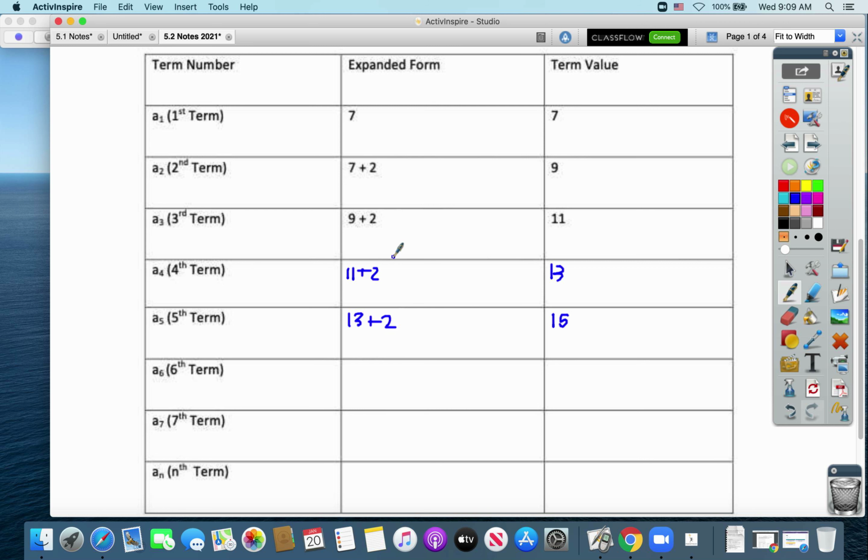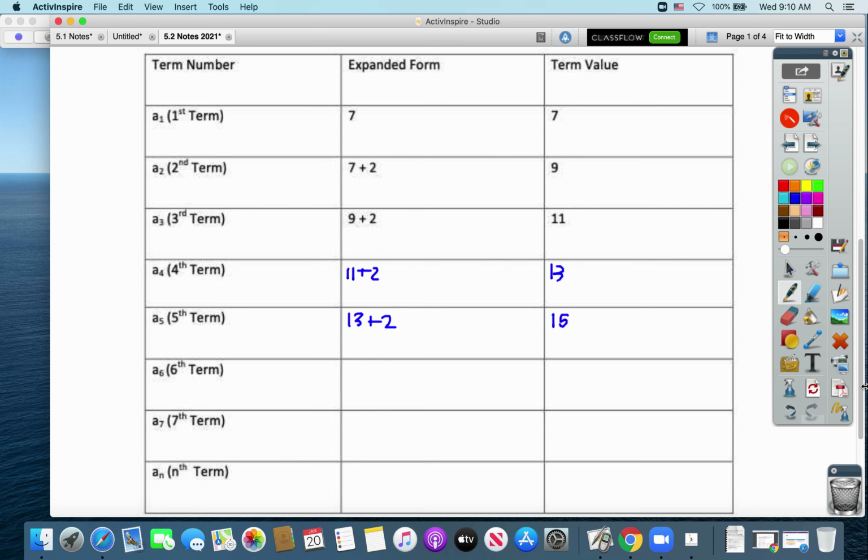What were we doing each time? So to get the fifth term, we did 13 plus 2. And where did that 13 come from? It came from this term before it. To find the fourth term, we took the third term value and added 2. To get the third term, we took the second term value and added 2. So each time we were getting this first number from the previous term.